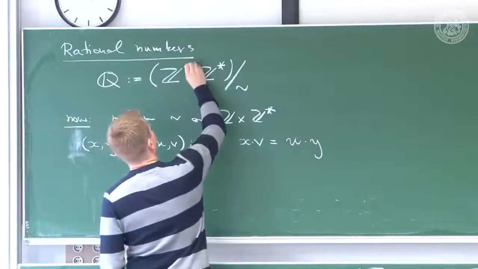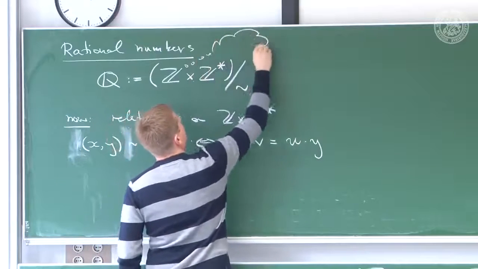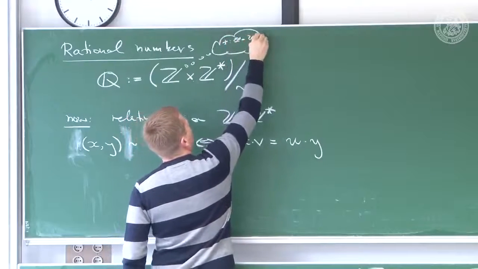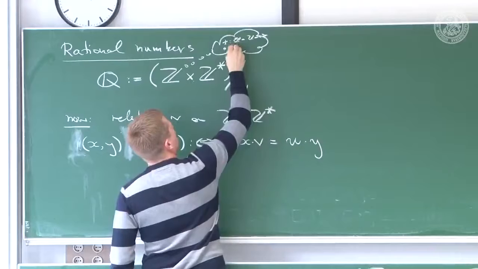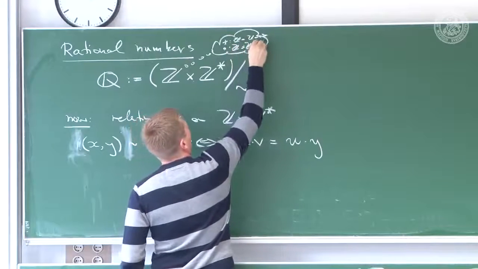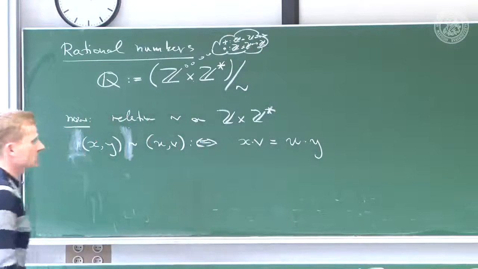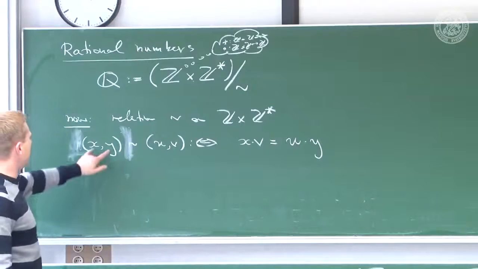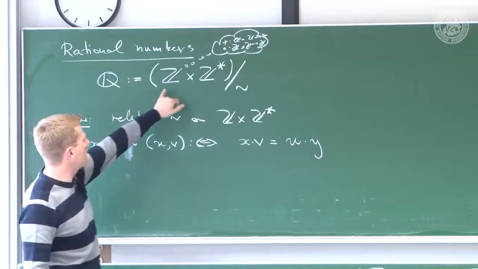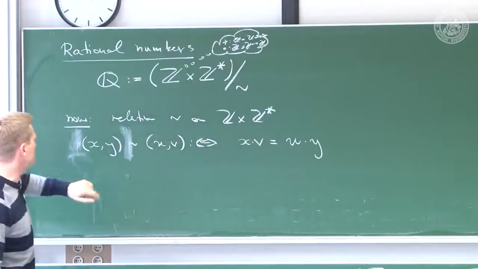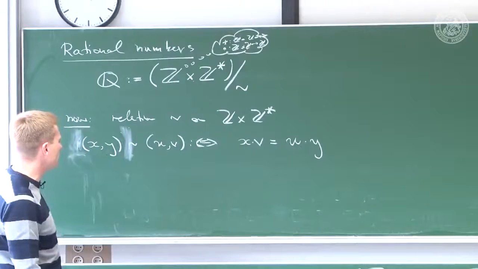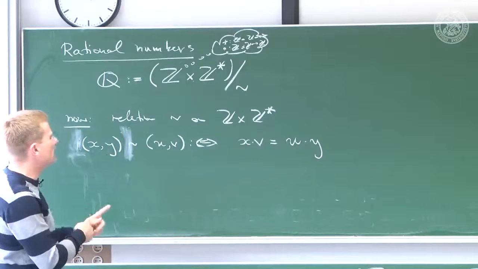So here we already think of Z as being equipped with both an addition and a multiplication. Okay? So assume we already constructed this. You believe me that this works in similar fashion. And now we call a pair x, y of an integer and a non-zero integer equivalent to a pair of such, called u, v, if xv equals uy.